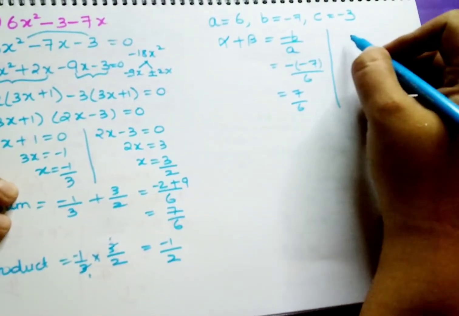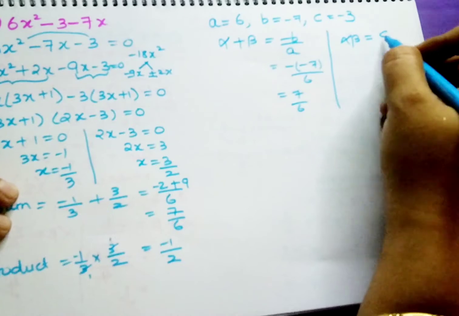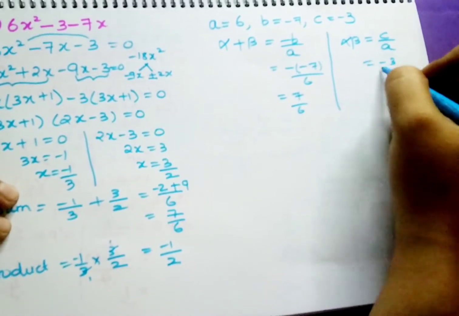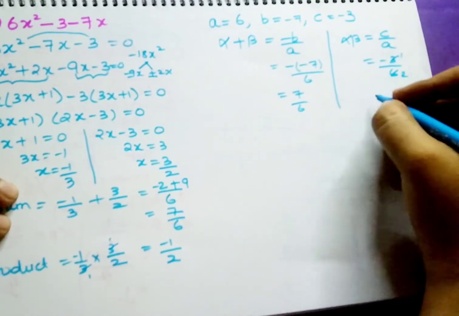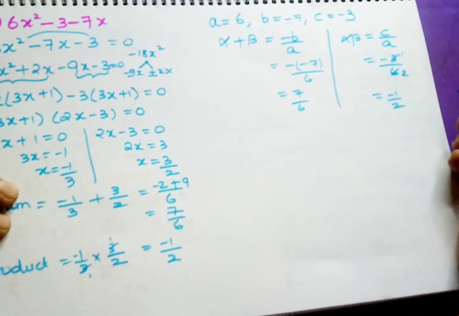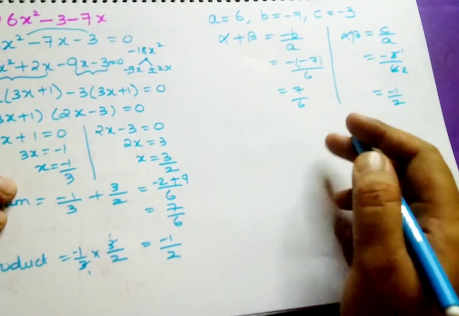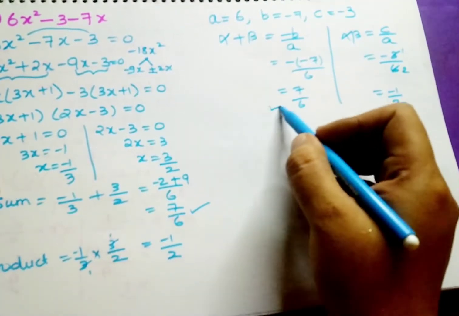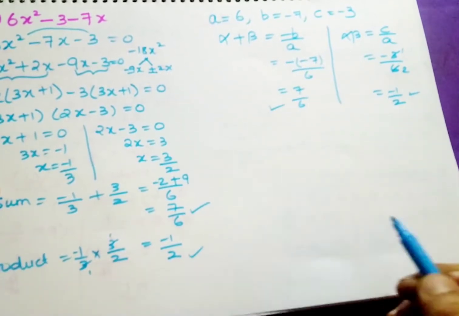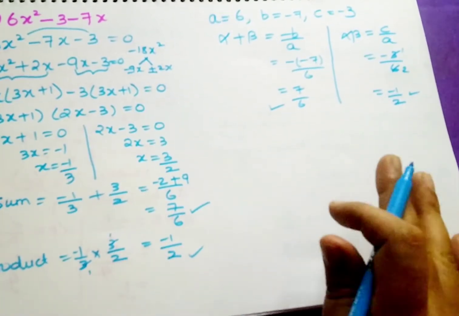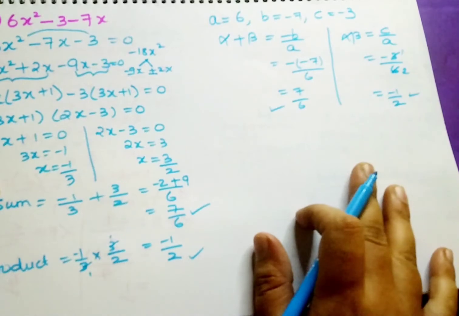And product of zeros, alpha beta, is c by a, that is minus 3 by 6, we can cancel here. Final answer is minus 1 by 2. When you check with these zeros, the sum is 7 by 6, product minus 1 by 2. As they are equal, the relationship is verified for this question.